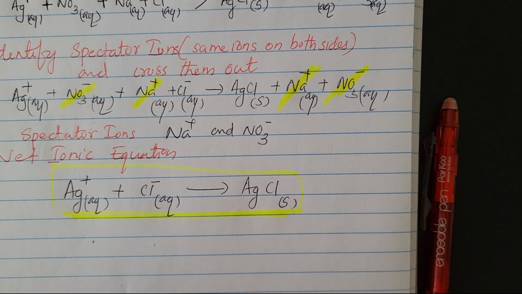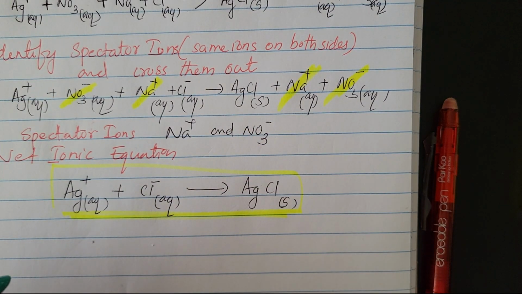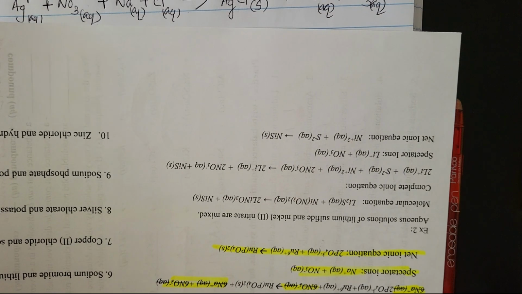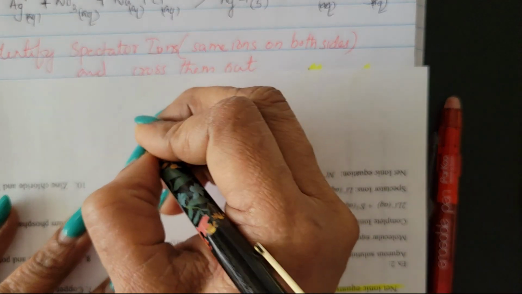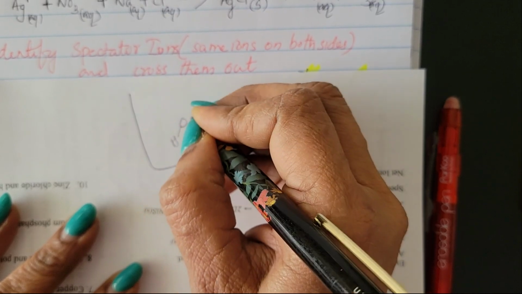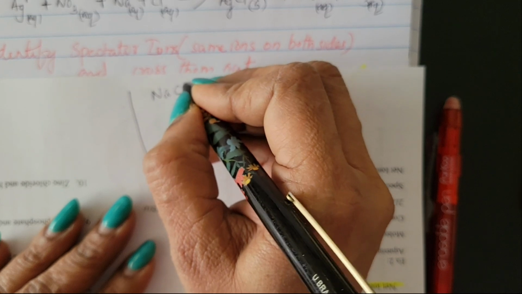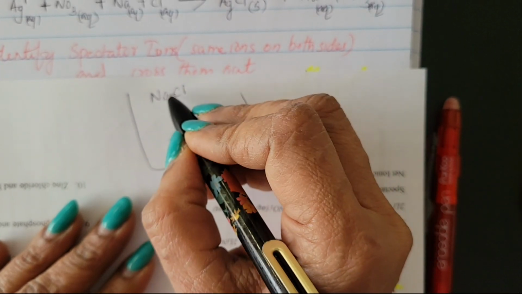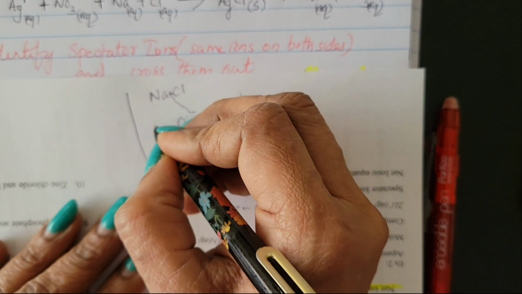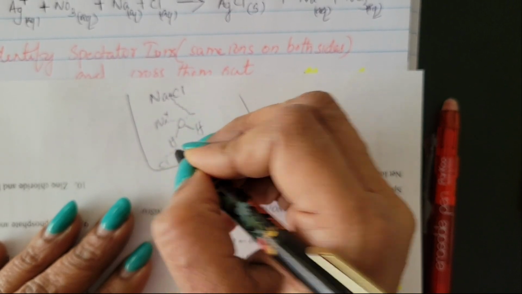Something soluble means whenever we add it into water, say for example, water has HOH with hydrogen bonding. If you add sodium chloride, there is an ionic bond. This bond will break and Na plus will go here and Cl minus will go here.